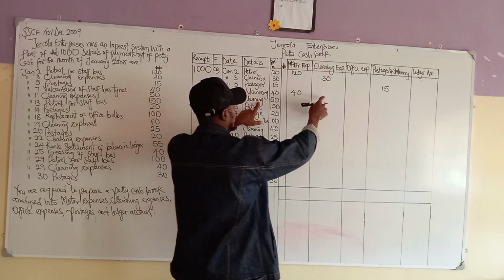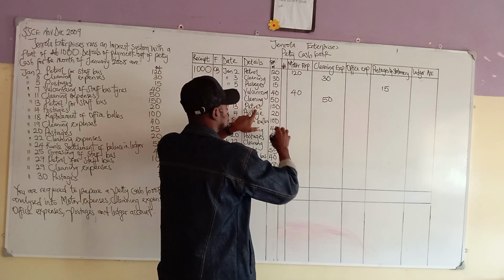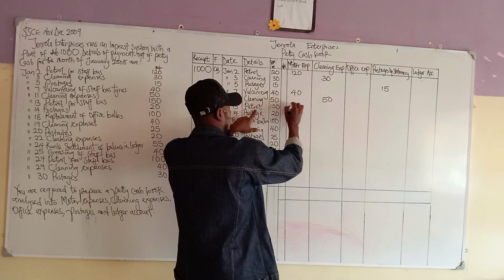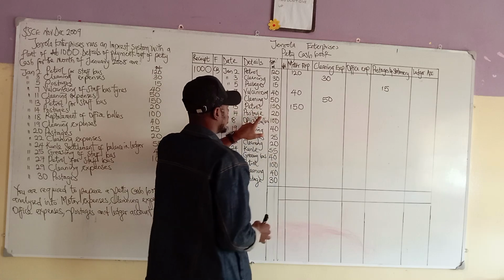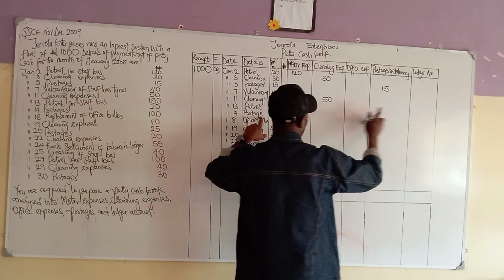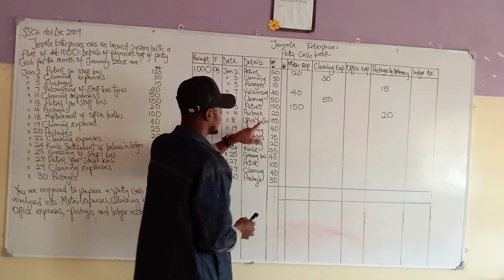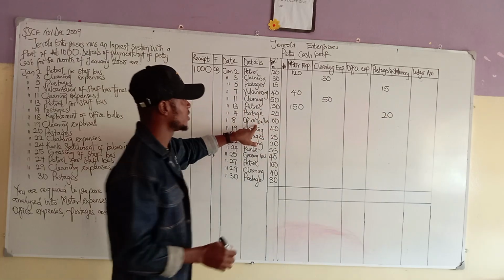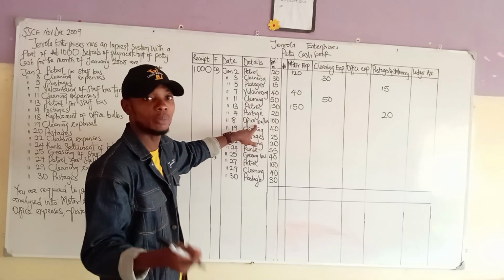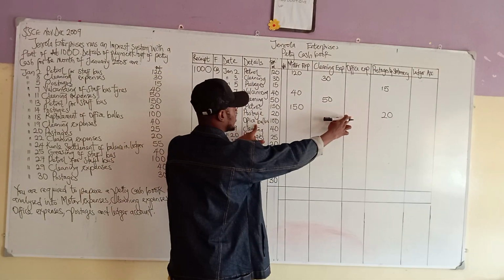Cleaning goes to cleaning expenses, 50. Petrol, vehicle, of course. Postage, we know where that is going, right? Postage and stationery, which is 20 naira. Then we have office bulbs. Now, office bulbs will go into where? Replacement of office bulb. Yes, you guessed that right. Office expenses.